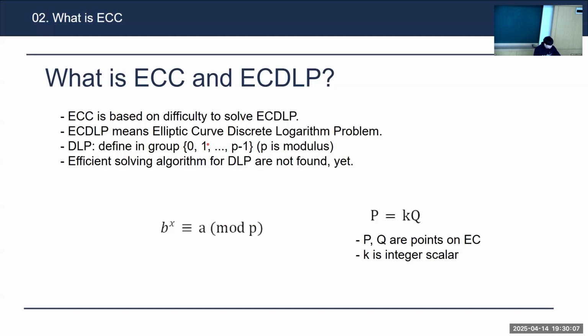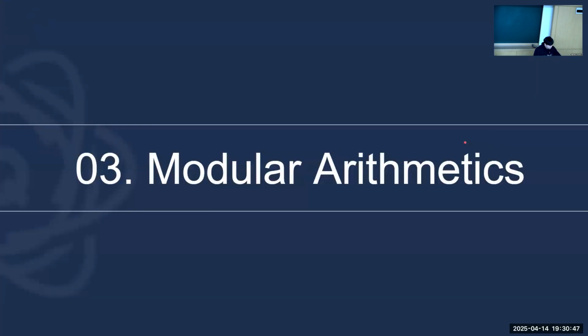And it is very difficult to solve this problem because we don't have an efficient algorithm for solving the DLP. The point addition is like this. We want to find this k, but it is difficult with classical algorithms.